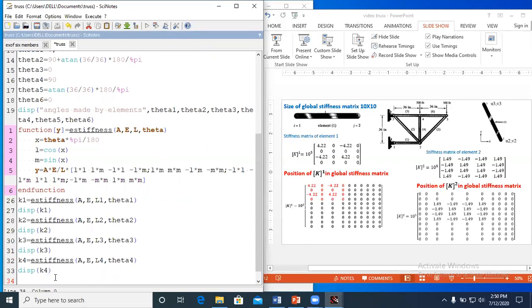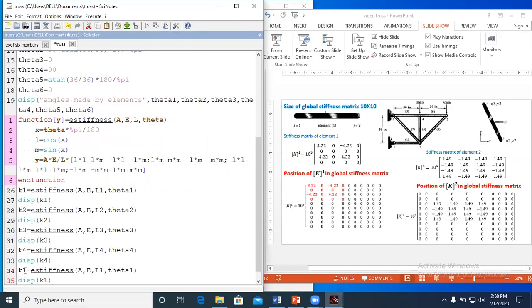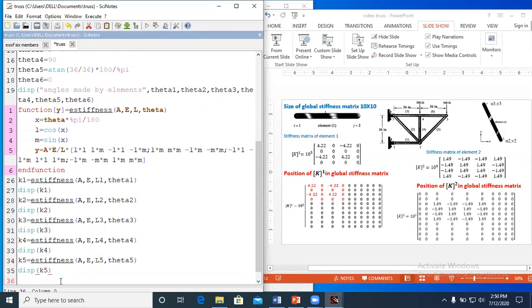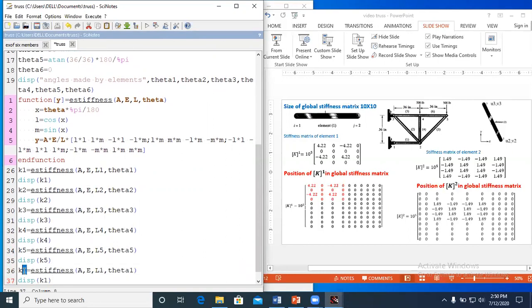Next, for the fifth element, stiffness matrix K5. Next is L5, theta 5 and K5. Now the same thing you repeat for the sixth element, K6, L6 and theta 6, and you have to display K6.